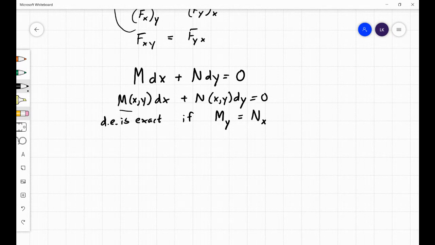So here's an example of an exact differential equation. So this is m. It's the thing that multiplies the differential dx.